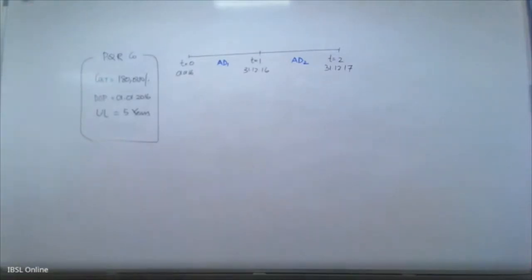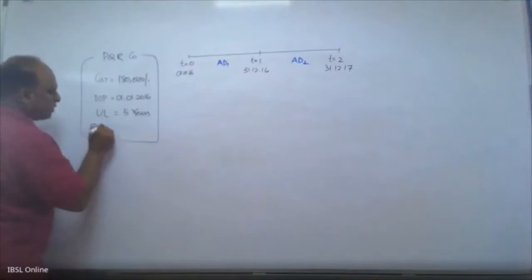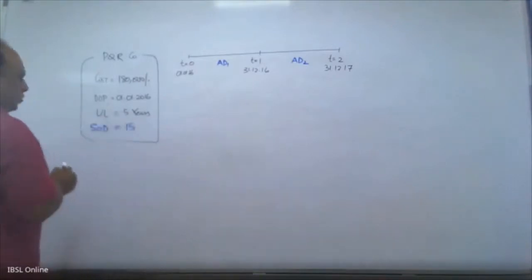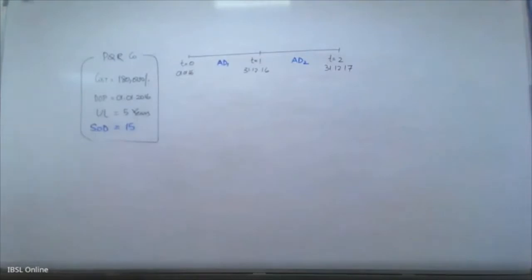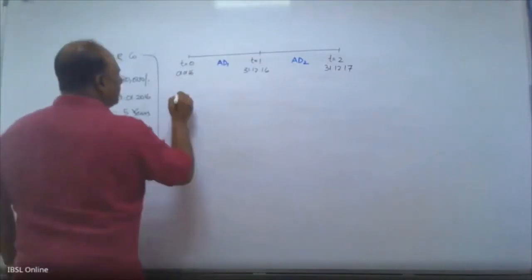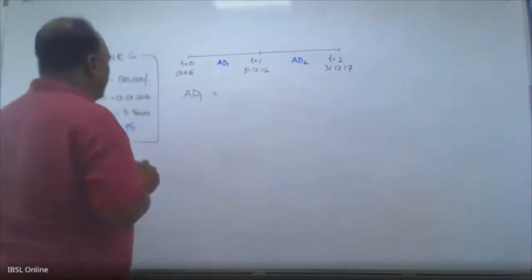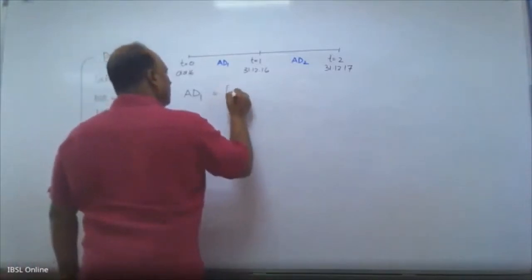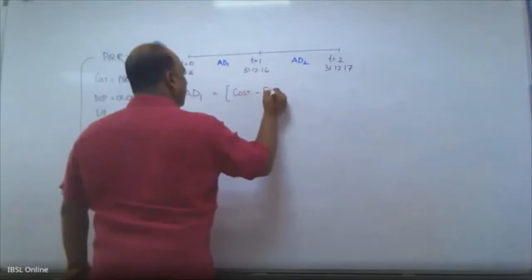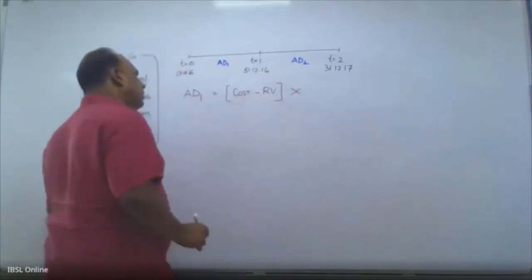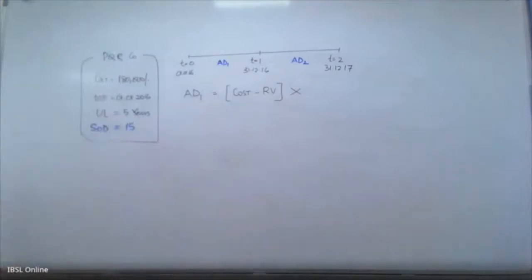So here what we do is, now you have calculated the sum of digits. Sum of digits is 15. So my requirement here is now to depreciate this asset for the first year, that is AD1. I will go on the same principle. Cost minus residual value into, now here it is not the depreciation rate or the reducing balance method or the useful life. I'm not going to use that.